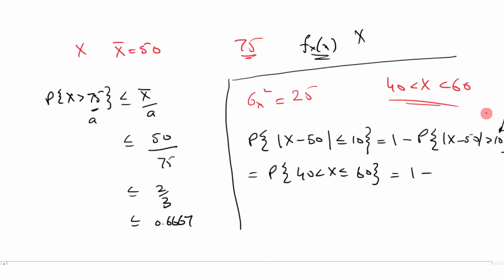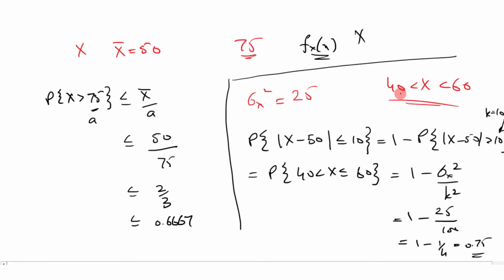Here our k is equal to 10, and it will be equal to 1 minus sigma x square is 25, whereas this 10 square is 100, and it will be equal to 1 minus 1 by 4, which is equal to 0.75.